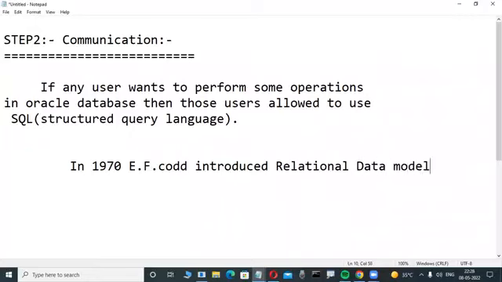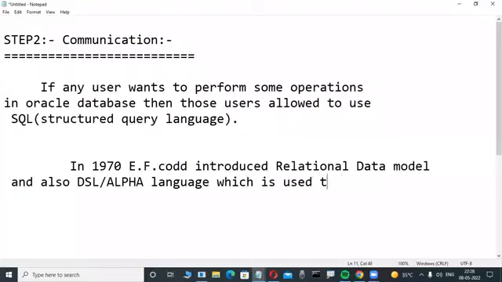Relational data model, and also DSL/Alpha language, which is used to operate relational data model products.